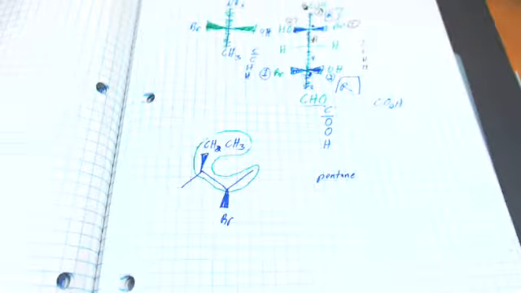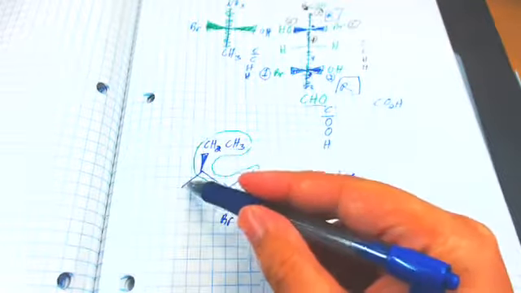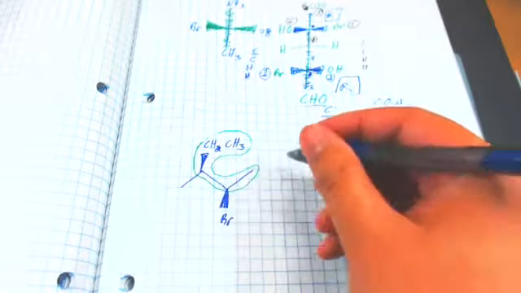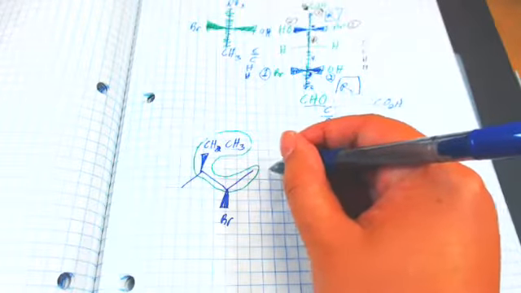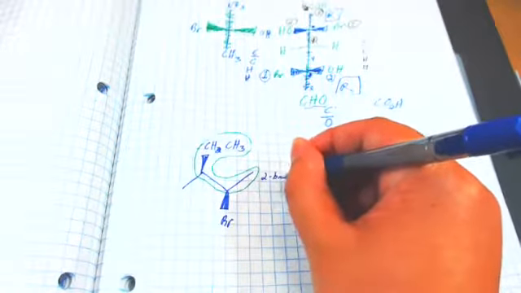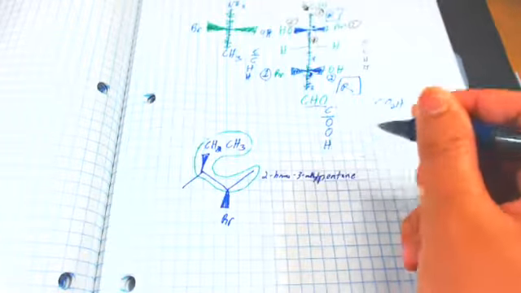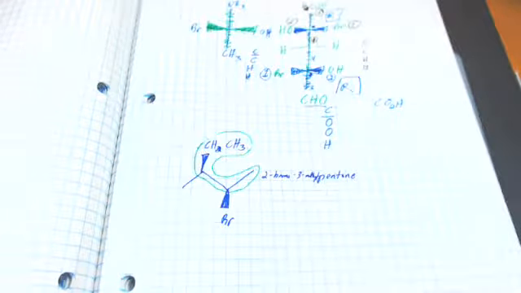Which numbers? 2 and 3, right? So we have 2-bromo, 3-methyl. I'm gonna run out of space, but is everyone okay with just naming like normal?